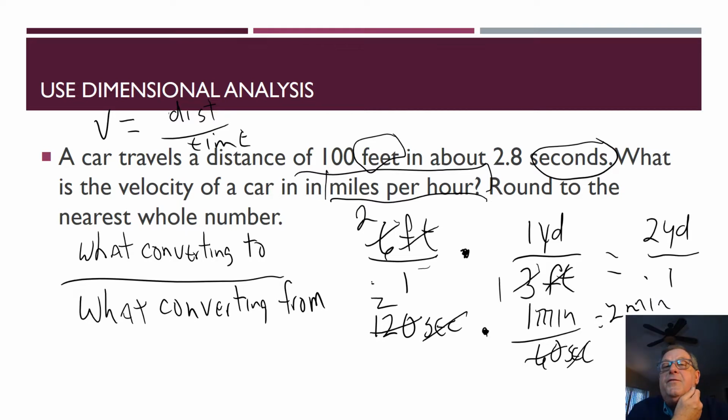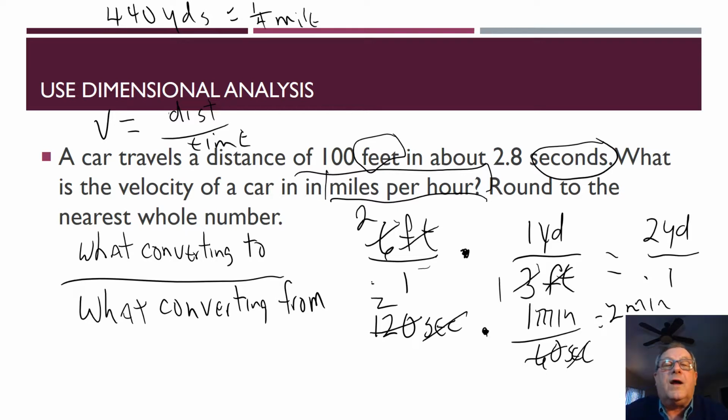Now, if any of you know anything about track, we don't have one here at Northwood, but if you go to a lot of the schools, they will have a track that goes around a football field, and that track is 440 yards, and that is a quarter of a mile.